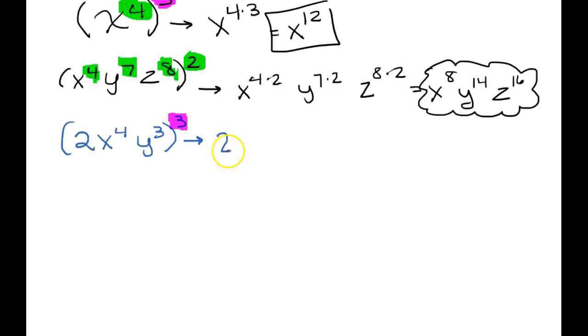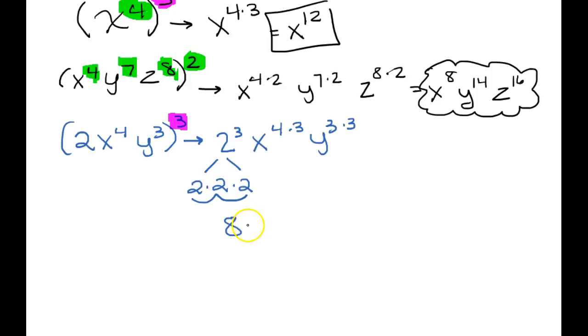So we get 2 to the 3rd, x to the 4th times the 3rd, y to the 3rd times the 3rd. So this means 2 times 2 times 2. Well, 2 times 2 is 4, times 2 is 8, and then 4 times 3 is 12, and 3 times 3 is 9. Okay, so this is how it works.